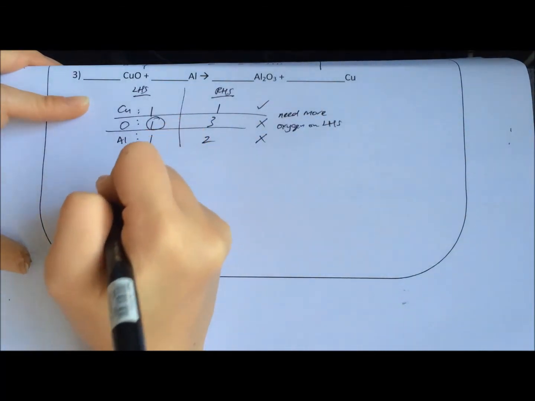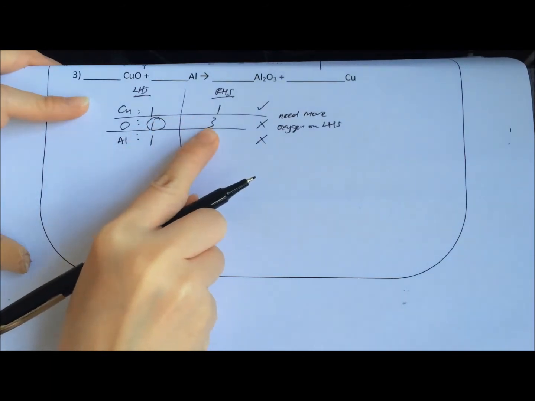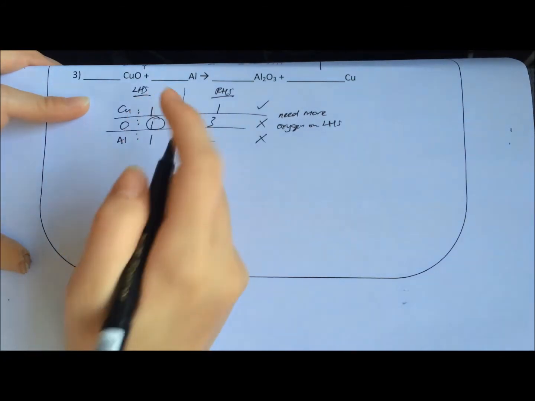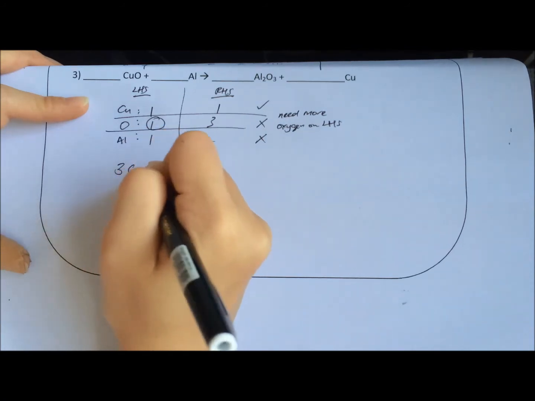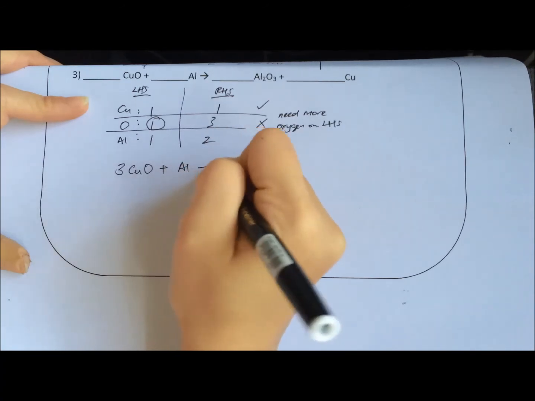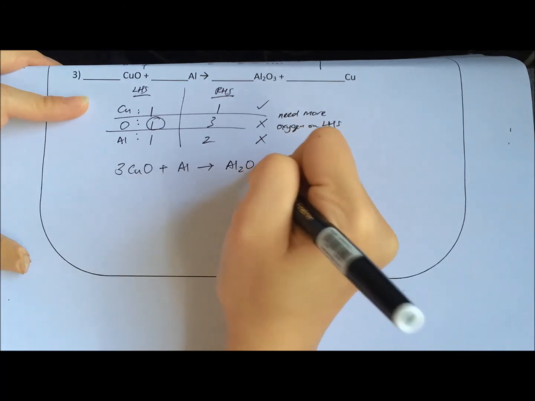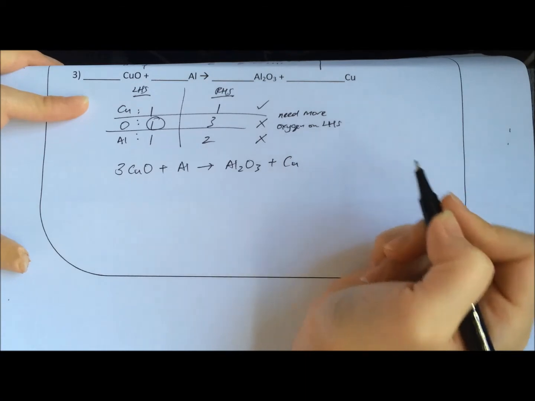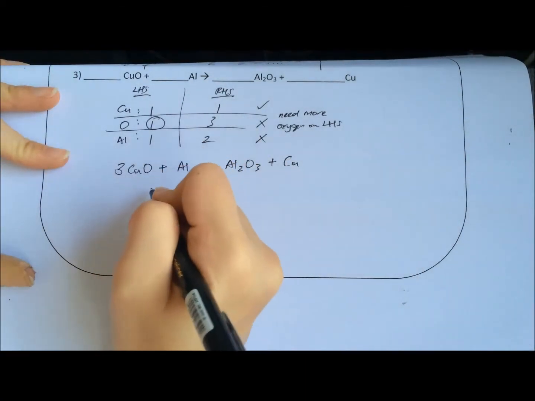On the right hand side there's 3, but left hand side there's only 1. How can we make it become 3? To make it a bit faster, our number right away can be 3CuO plus aluminium Al, arrow, everything else remains Al2O3 plus Cu. So straight away, once we write the 3 in front of CuO, that changes something.